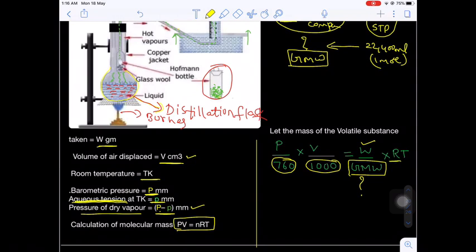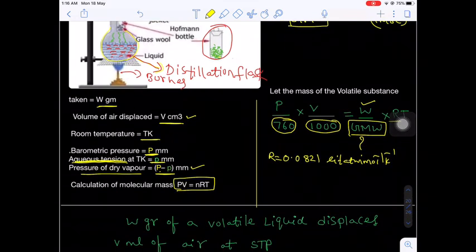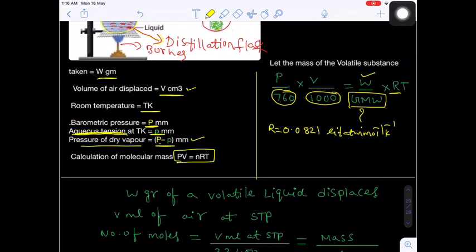The R value we know, 0.0821 liter atm mole inverse Kelvin inverse. The temperature value, in Kelvin, is also known. So pressure, volume, weight of the substance, R value and temperature we know, from which we can find the molar mass of the volatile compound.